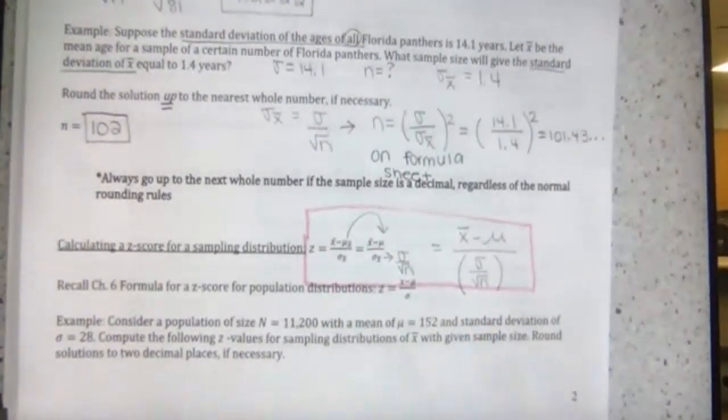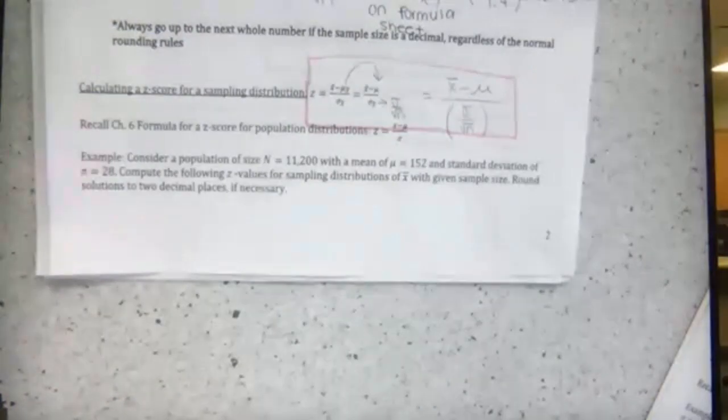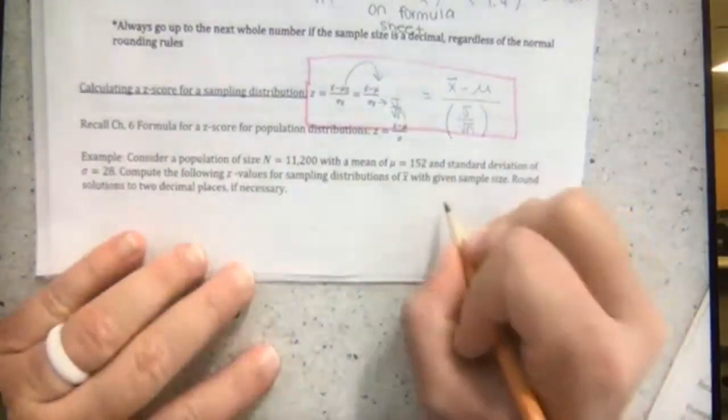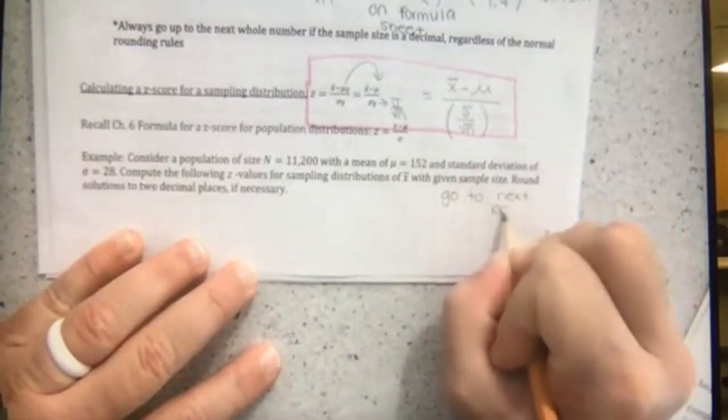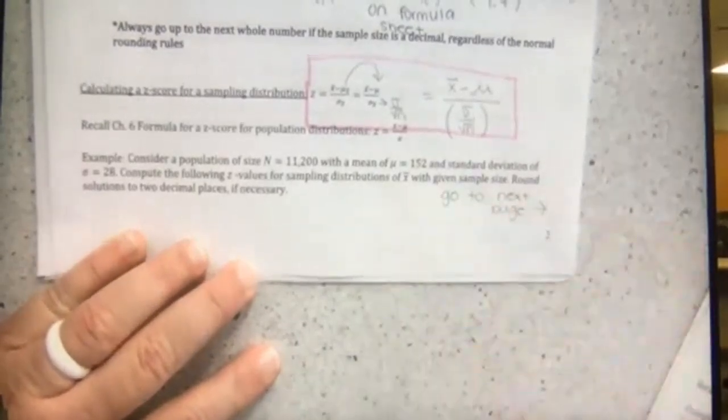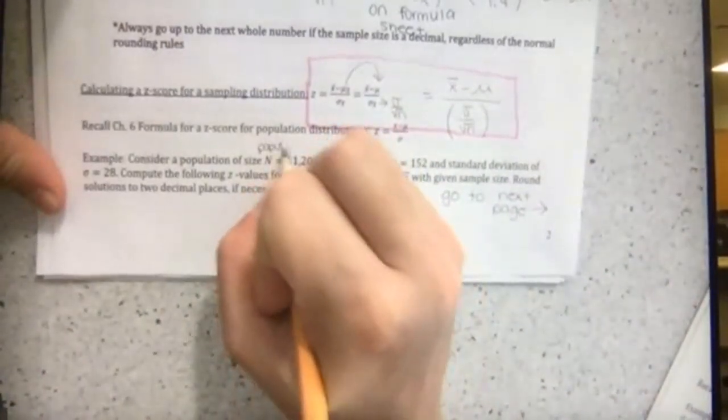Our example says, consider the population of size capital N equaling 11,200 with a mean mu of 152 and a standard deviation sigma equaling 28. Compute the following z values for the sampling distribution of x bar with a given sample size, round to 2 decimal places if needed. Now the problem is cut off, it goes to the next page. Before I do that, I want to write a little note.